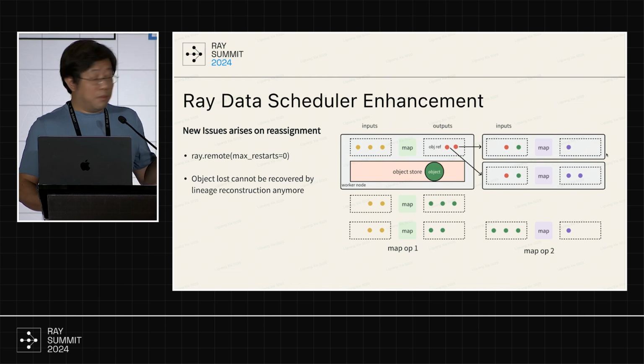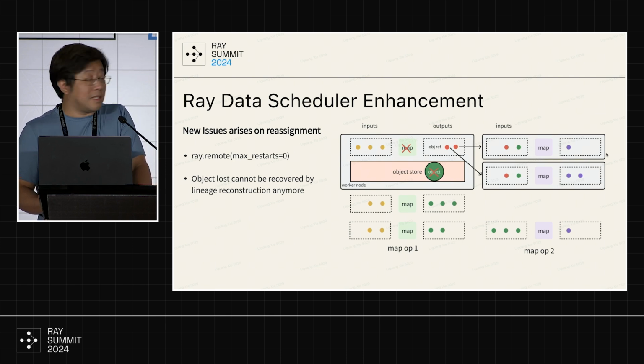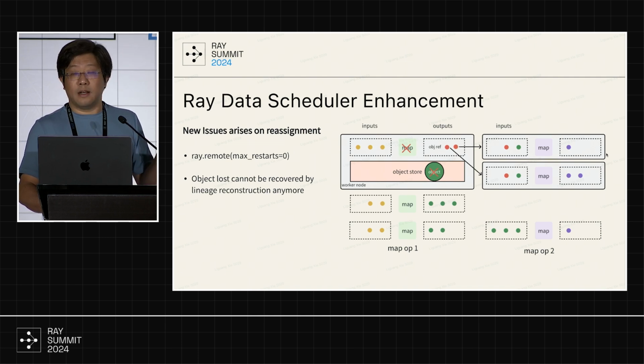For example, in the diagram on the right, the output of map operation 1 serves as the input of map operation 2. If the node running map operation 1 crashes, the output object is lost. So when map operation 2 tries to read the object, it cannot, and it will encounter an object loss error.